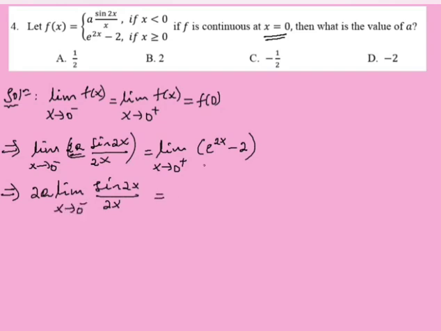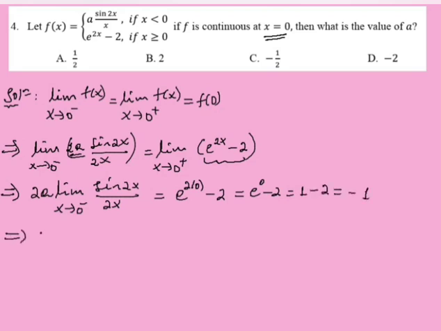This is the same as the limit of this one as x approaches 0 from the right, which is e to the power of 2 times 0 minus 2, which is e to the power of 0 minus 2. Any number to the power of 0, except 0 to the power of 0, is 1. 1 minus 2 is minus 1.